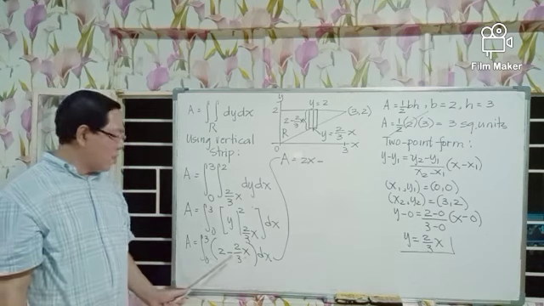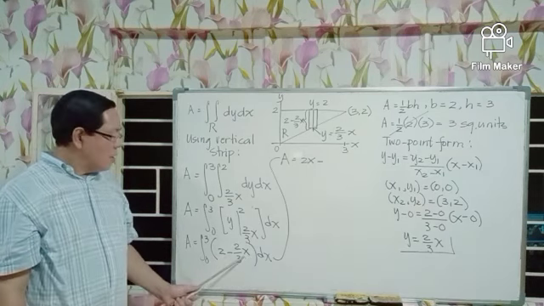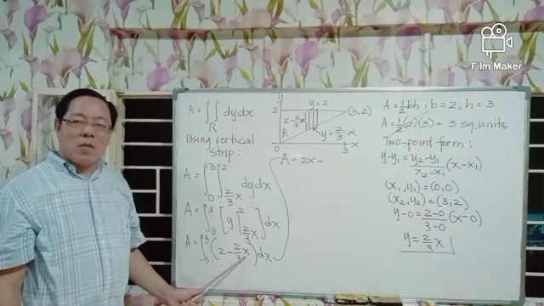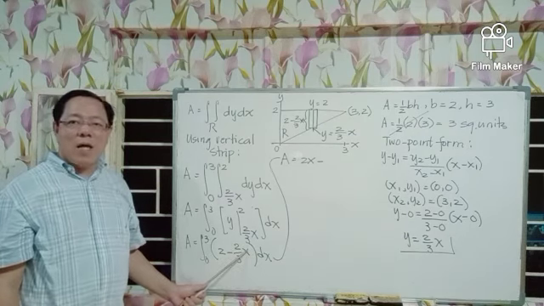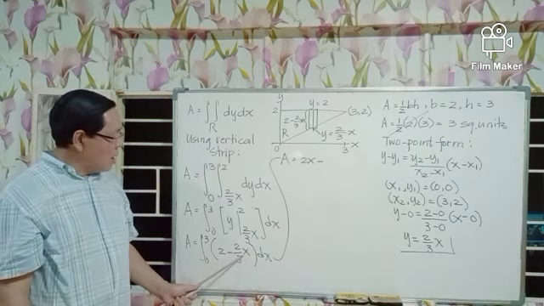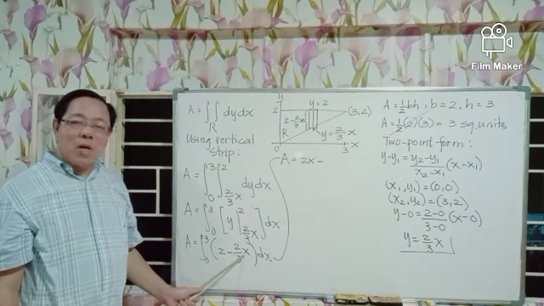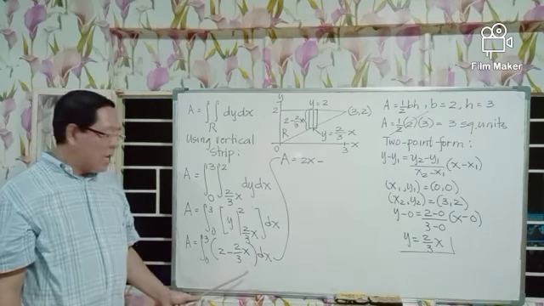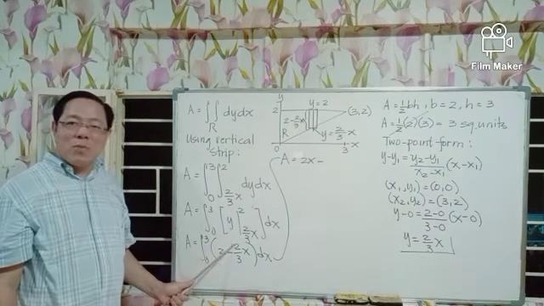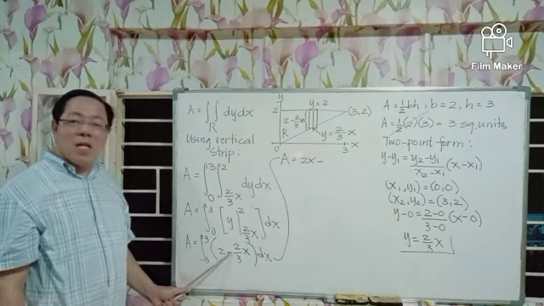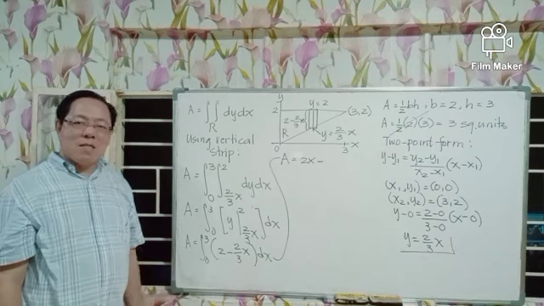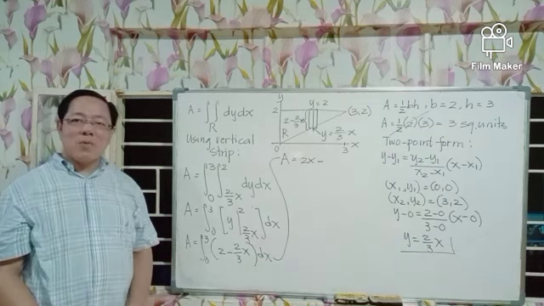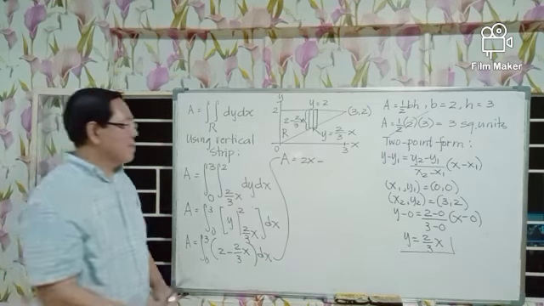Minus 2/3 is a constant, so we actually integrate x only, and the exponent of x is 1. By the power rule, the integral of x is x squared over 2. And the 2 in the denominator will cancel out with the 2 in the numerator. Hence, the integral of minus 2/3 x is negative x squared over 3.